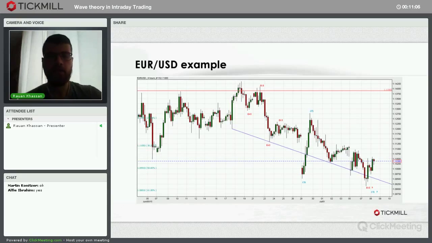Now is depicted another example of euro to United States dollar. We analyze the letter development on the 4-hour time frame as well, but the chosen time period is just the letter months.